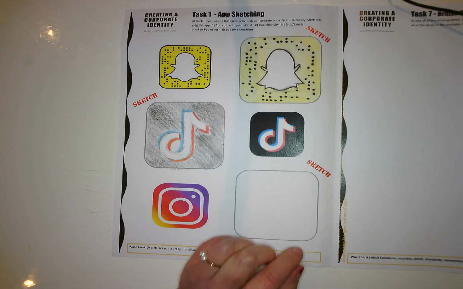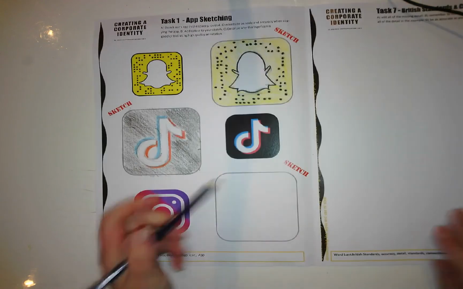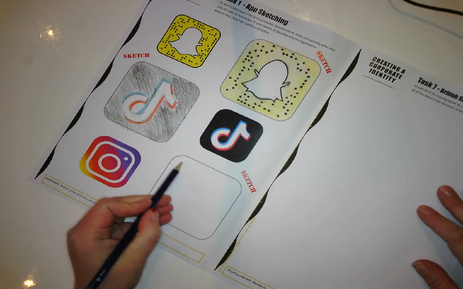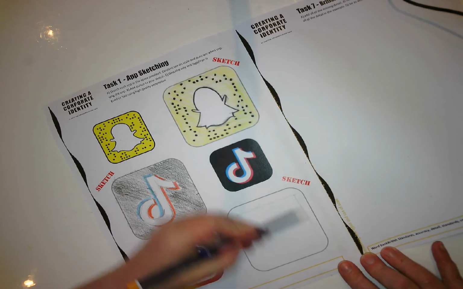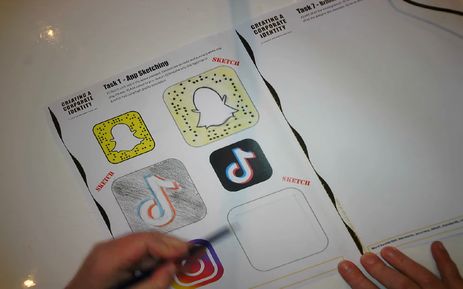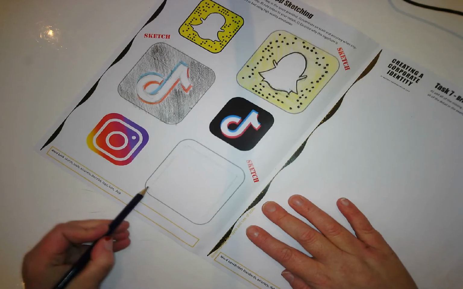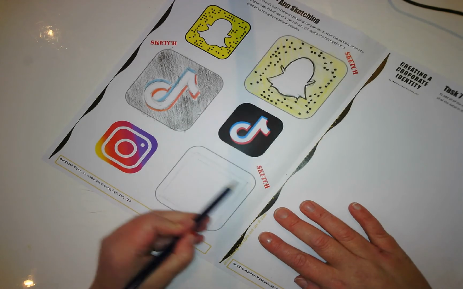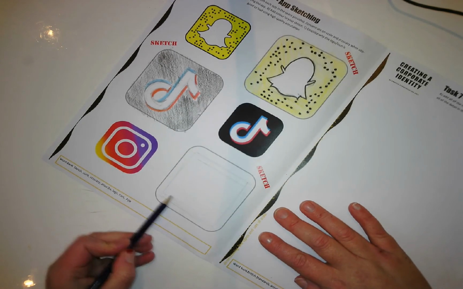So the Instagram one follows the same path around here, so what I'm going to do is break that off and get that sort of square frame here, like so, and then the inner one as well before I do the curves.